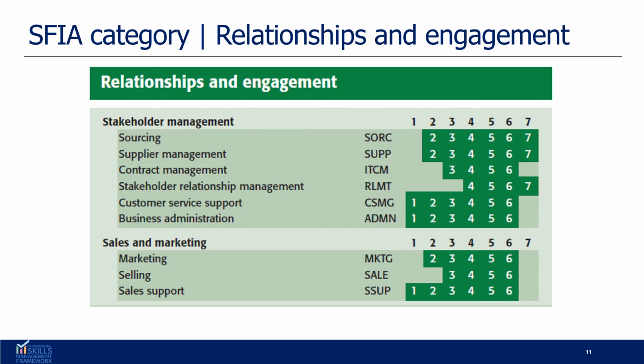This is where you will find sourcing, supplier management, contract management, stakeholder relationship management, as well as some marketing and sales skills. SFIA is describing these skills in a technology-related setting rather than trying to cover these professions more generally.